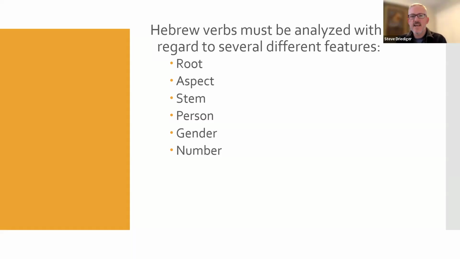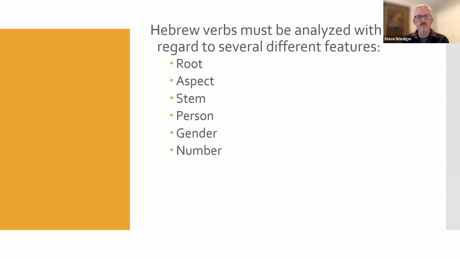Stem basically means there are, we're going to go with seven, seven different inflections that the root will go through to indicate whether the verb is what you would call an active or a passive or a reflexive or a causative.